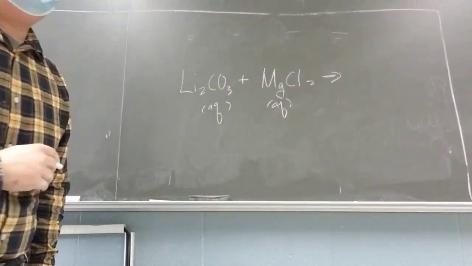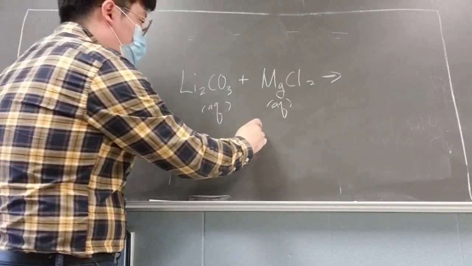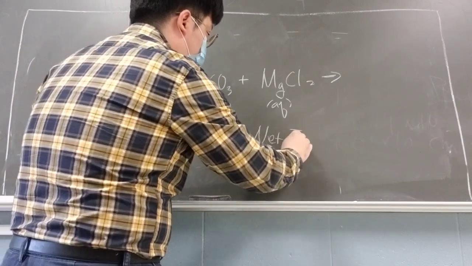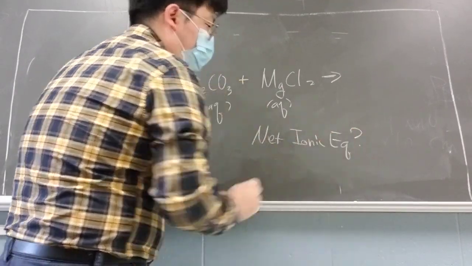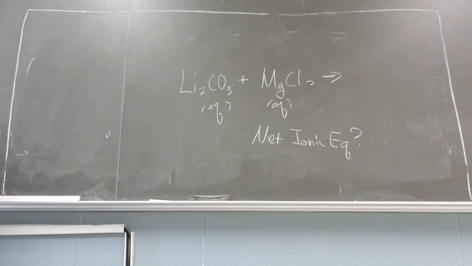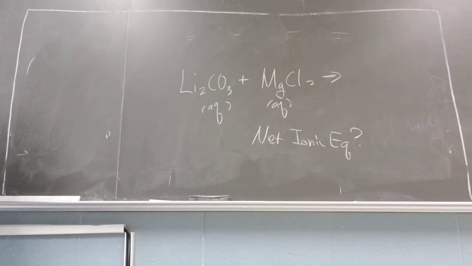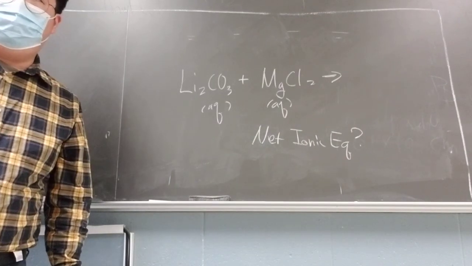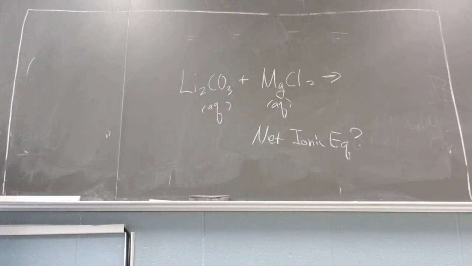And then you can use a double displacement and try to find out what might be the net ionic equation for this one. Okay. So try to do double displacement and see what product can be insoluble in water, and that will be your net ionic equation. Okay.